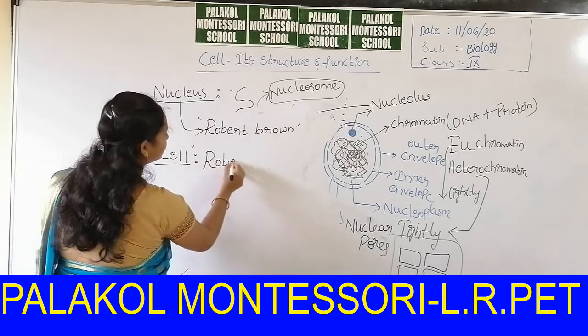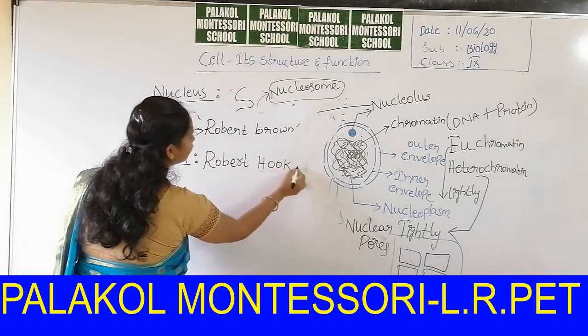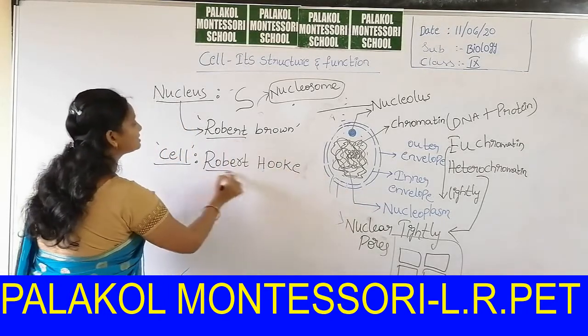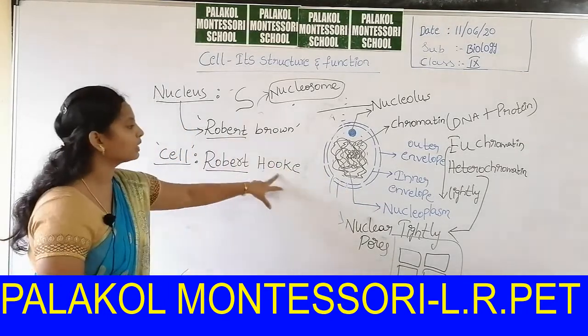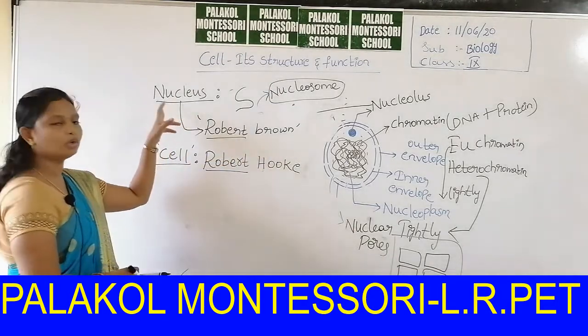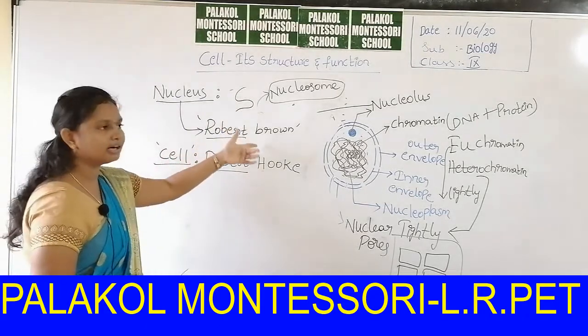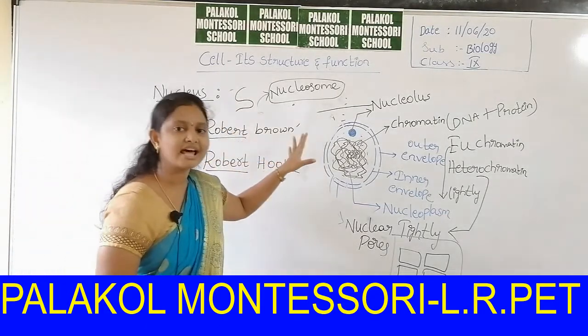Robert Hooke. Don't confuse, this is also Robert, this is also Robert. But Robert Hooke discovered the cell, and Robert Brown named the nucleus.